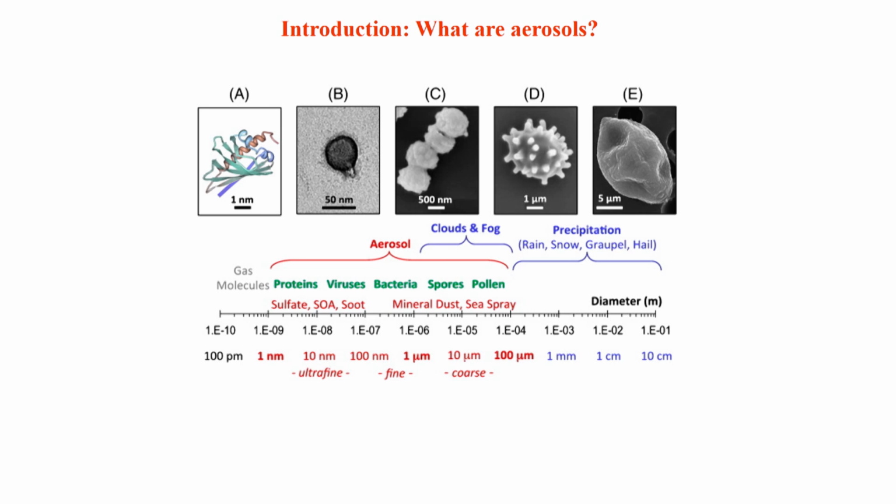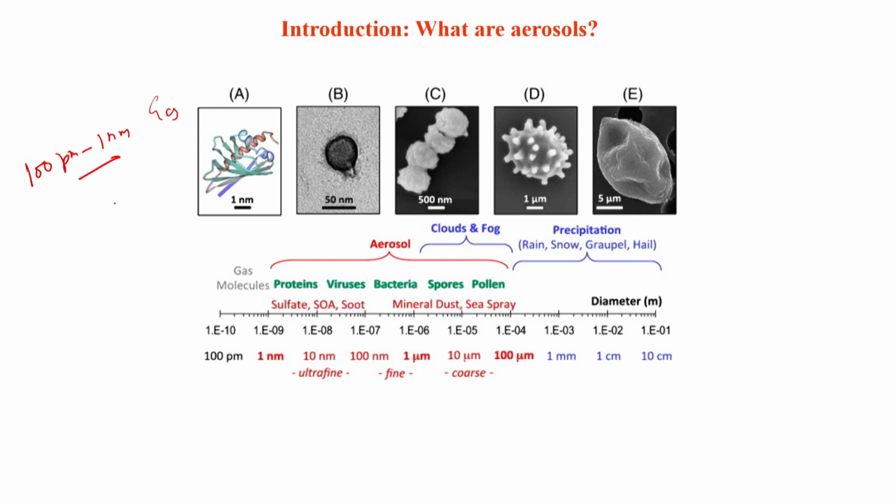So, if you see here, the gas molecule size is about 100 pm to 1 nanometer or so. This will be your gas. Then the next things that come are protein, virus and bacteria, spores and pollens. These are the general classifications.